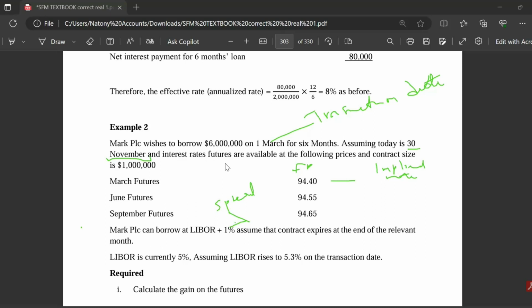LIBOR currently is 5%. Assuming LIBOR rises to 5.3% on the transaction date. So this is your opening spot rate, and this is the closing spot rate.